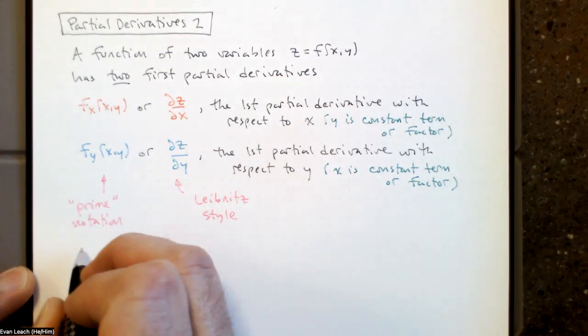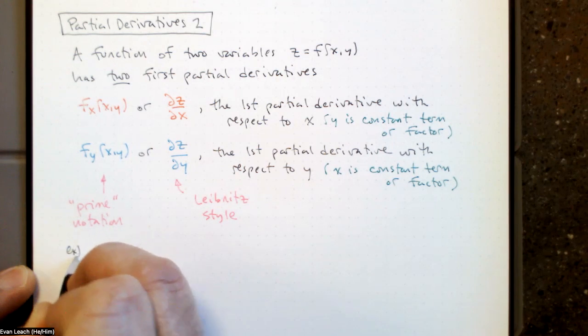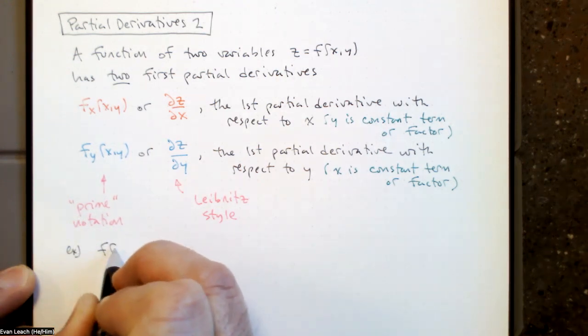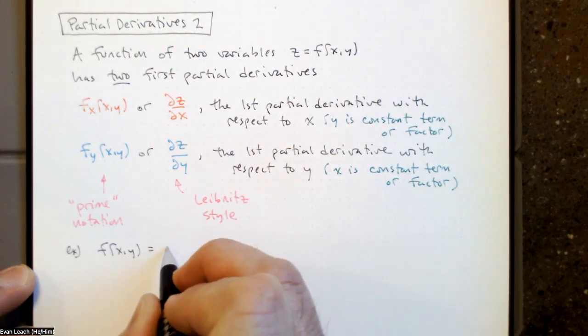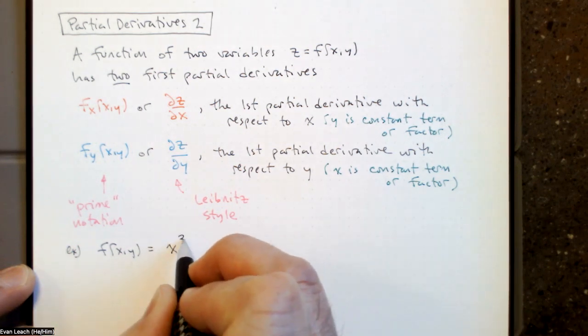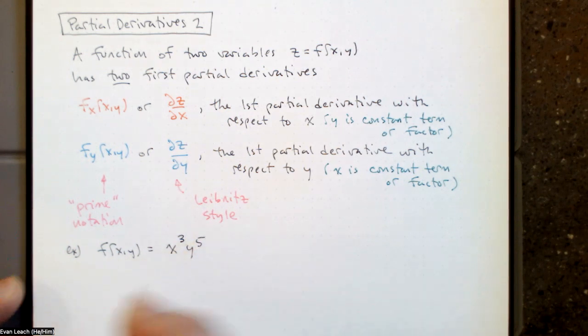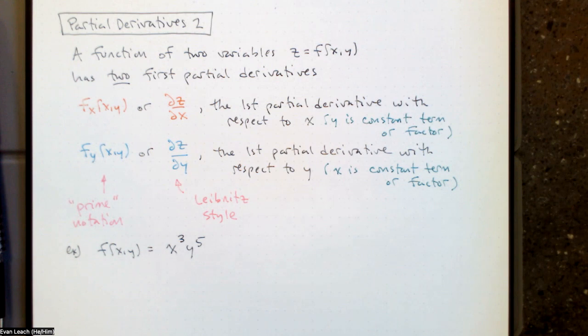So yesterday, if you recall, if our function of two variables had an x to the third, y to the fifth, I think this is probably the one that we did because it's the one that I always do because I don't have a lot of creativity. We had two derivatives, partial with respect to x and partial with respect to y.